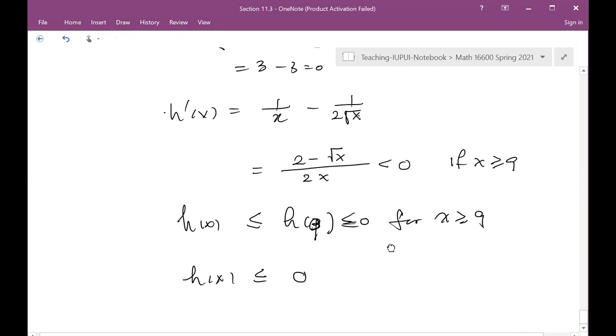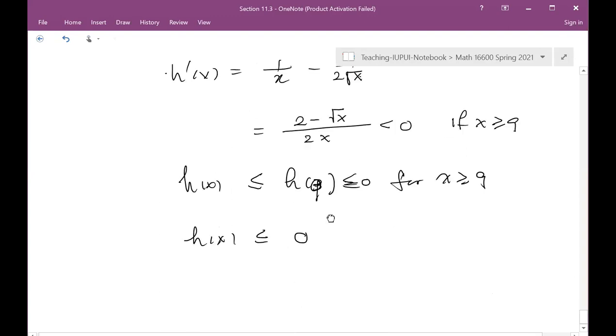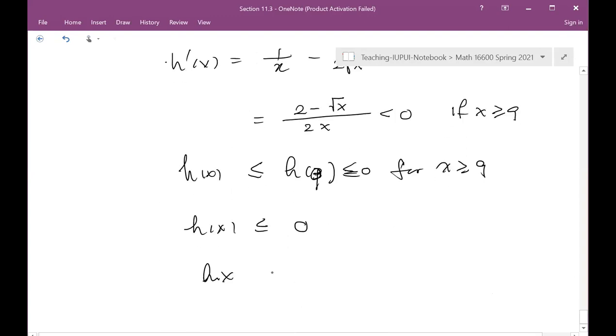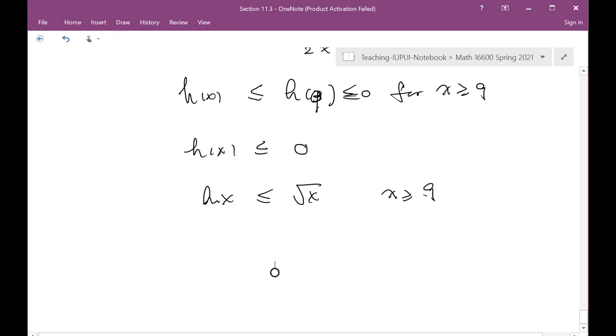So it's guaranteed natural log of x is less than or equal to square root of x for x greater than or equal to 9. Then natural log of x over x squared is less than or equal to square root of x over x squared, which is going to be x to the 3 over 2.